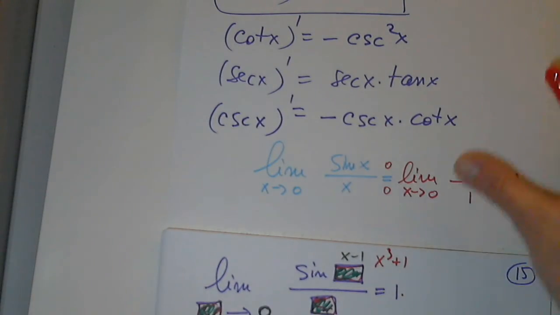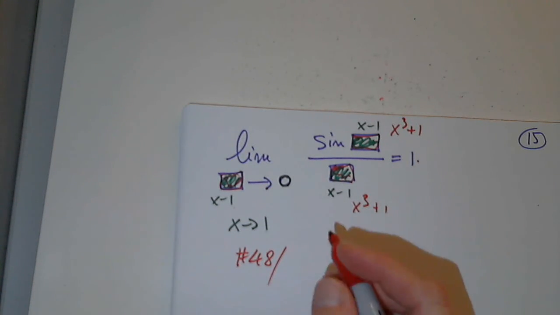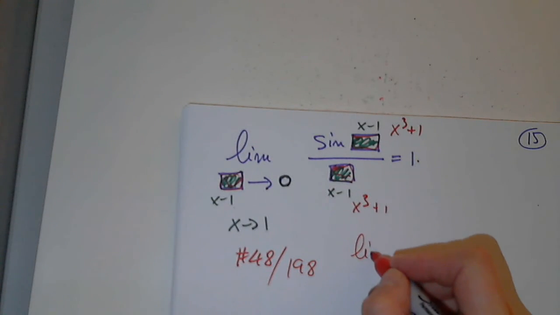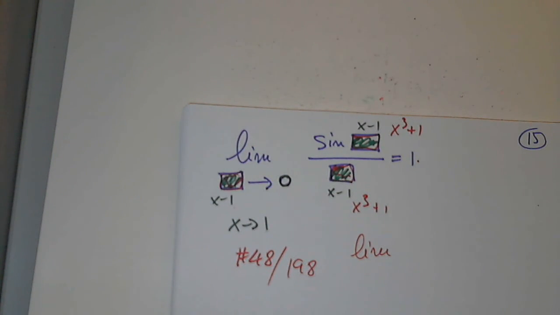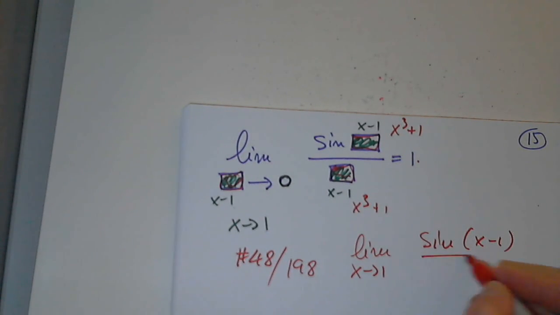In 48, on page 198, we have the limit as x approaches 1 from either side of sine x minus 1 over x squared plus x minus 2.